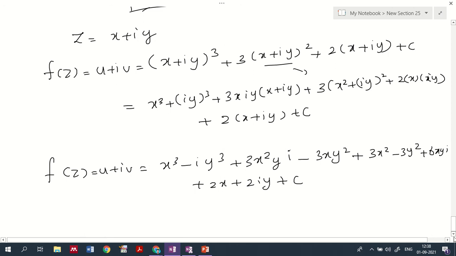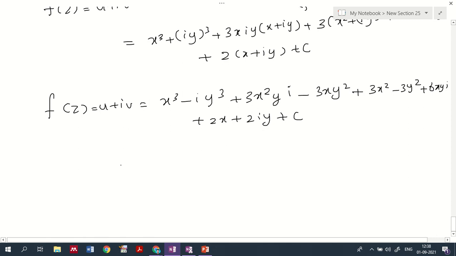Now if I just collect all the real part terms which are not having the iota, I'll be getting u equal to, as in our equation, x cube minus 3xy square plus 3x square minus 3y square plus 2x plus 1.